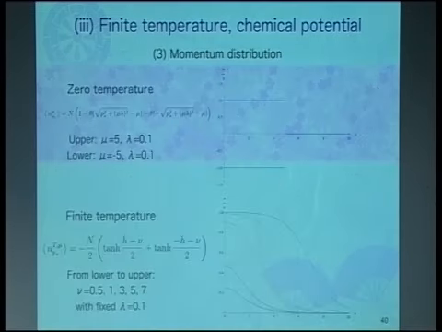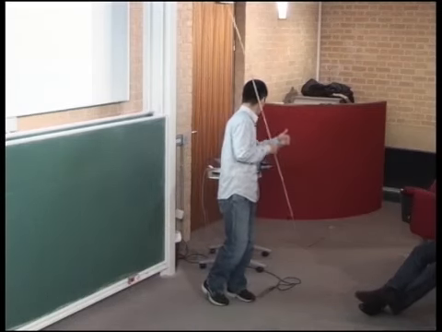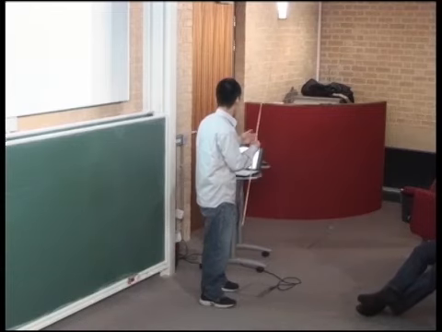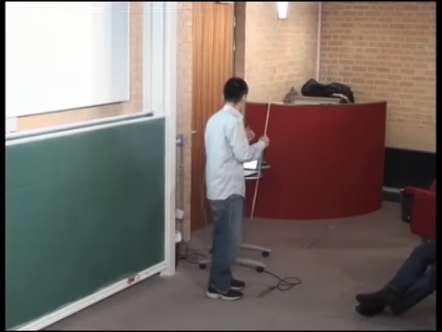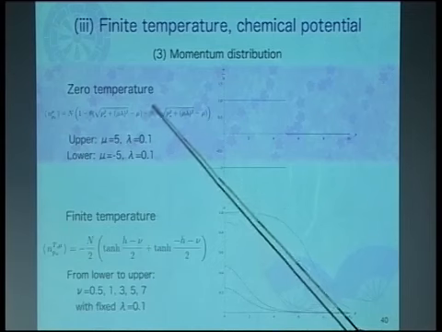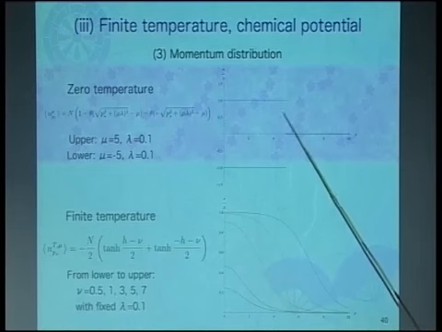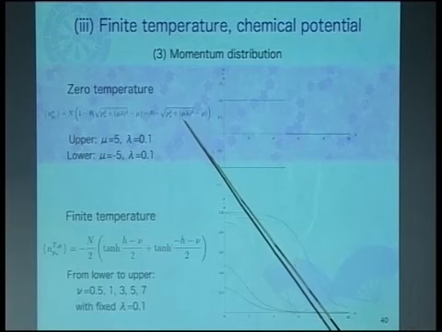We can also compute the momentum distribution of the U(1) current of this system. In the zero temperature case, the behavior is like this, and here you can clearly see the Fermi surface depending on lambda.